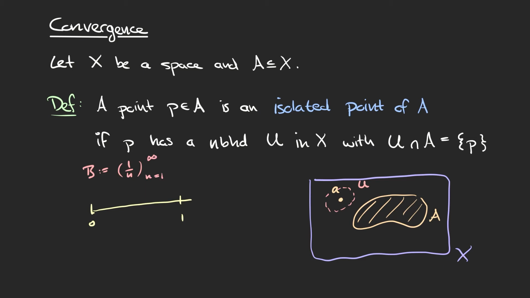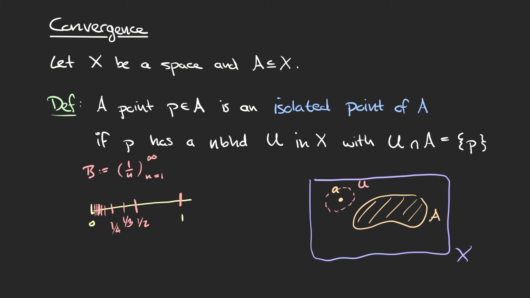So the set B contains 1, then it contains 1/2, it contains 1/4, 1/3, and well, the points always get denser as we approach 0, but they never actually reach 0.